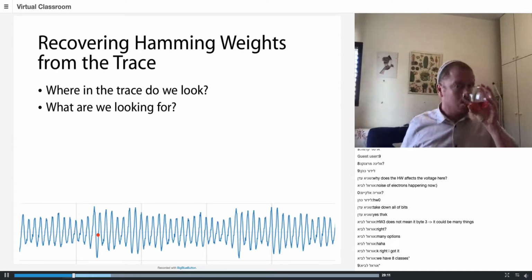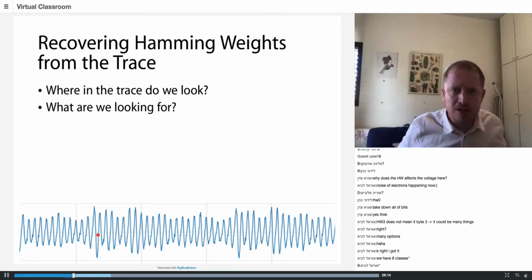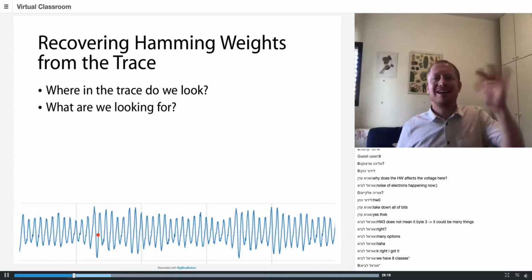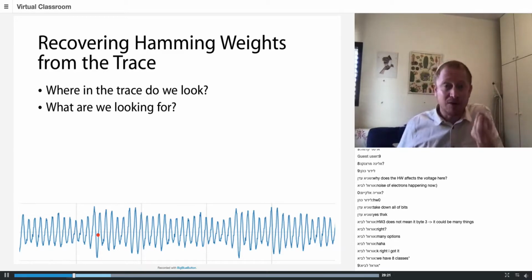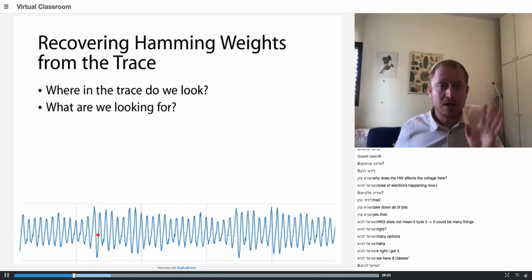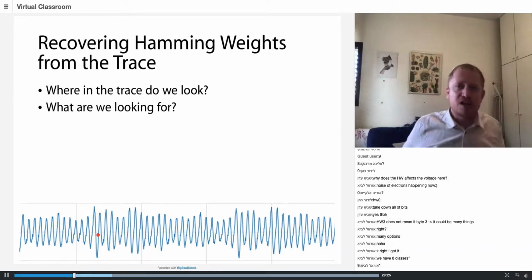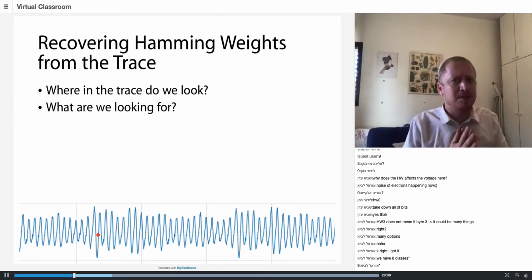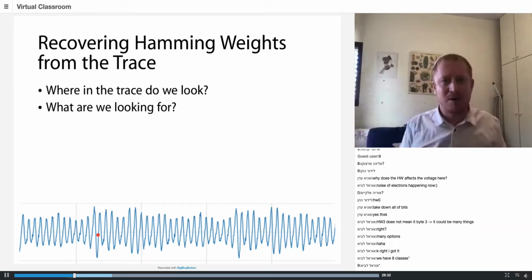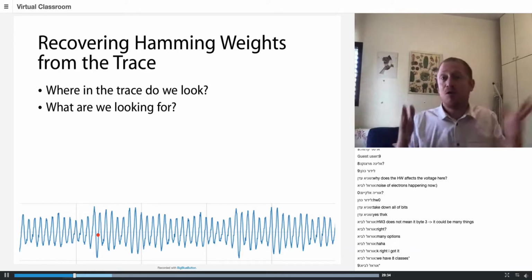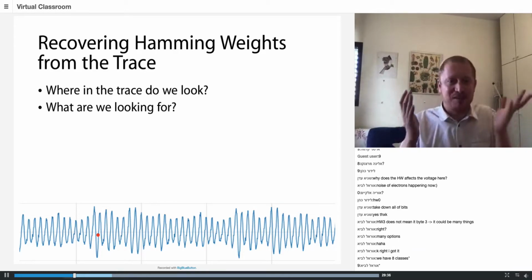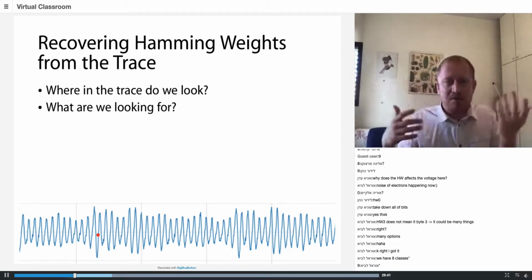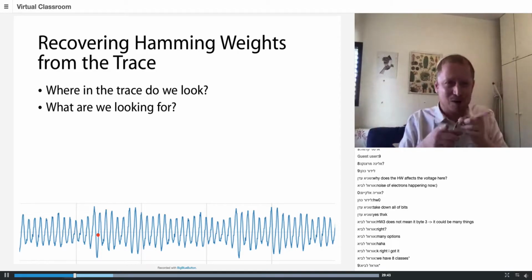So these two challenges: finding the right place in the trace to look at, and getting the Hamming weight out of these points. To answer the first challenge of where do we look in the trace, I'm going to have to travel in time to next week where I talk about correlation power analysis, because it is an awesome way of finding this. I'm just going to be very brief.